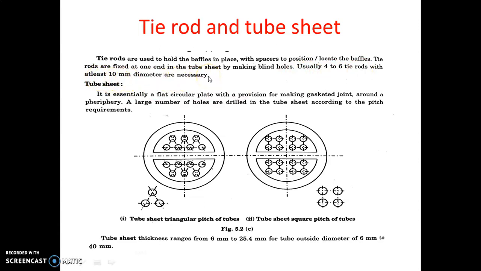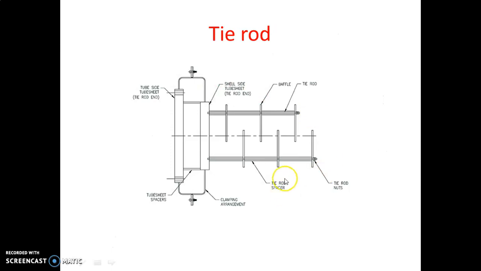I will show the figure of the tie rod. If we look at this figure, this is the tie rod, and this is the spacer. A spacer is just a piece of pipe. By adding the spacer, it keeps some distance between two baffles. This tie rod is fixed to the tube sheet.